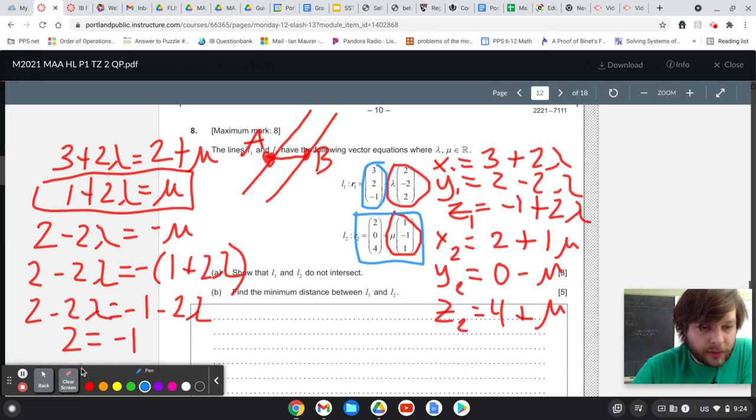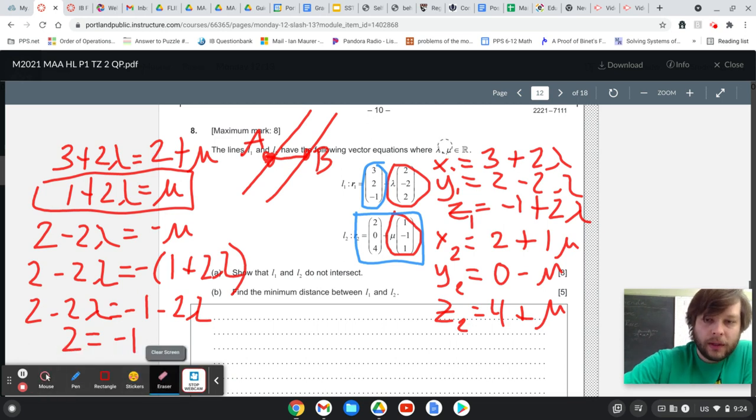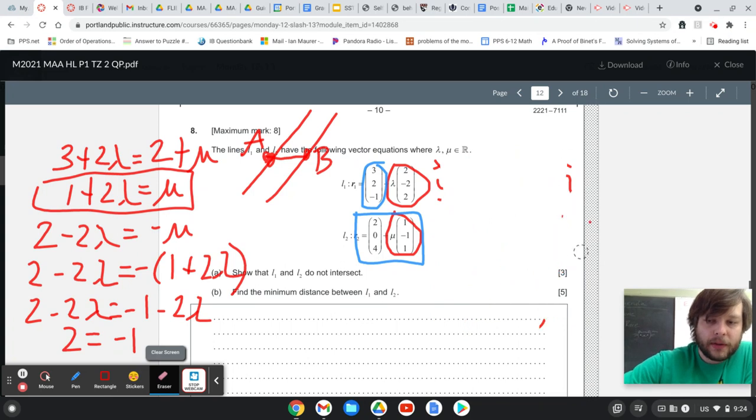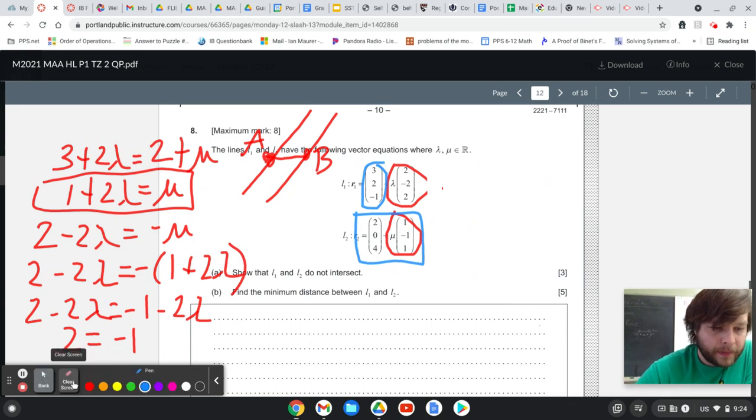Let me give myself a little bit more space here. Okay, so vector AB. If we go from A to B, where A is my 3, 2, negative 1, what do I notice?